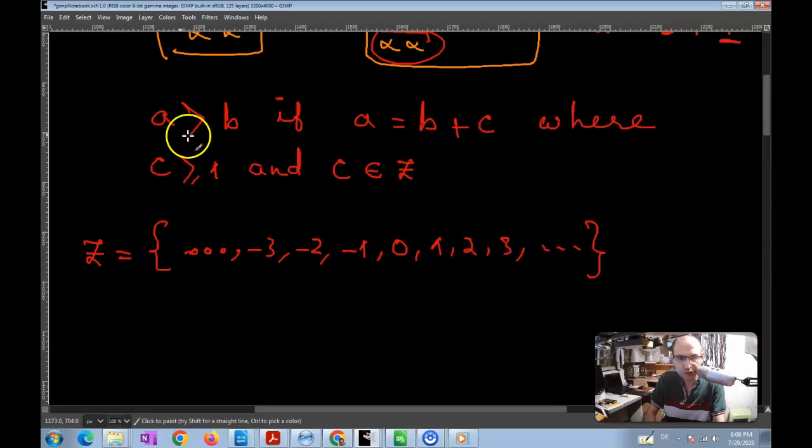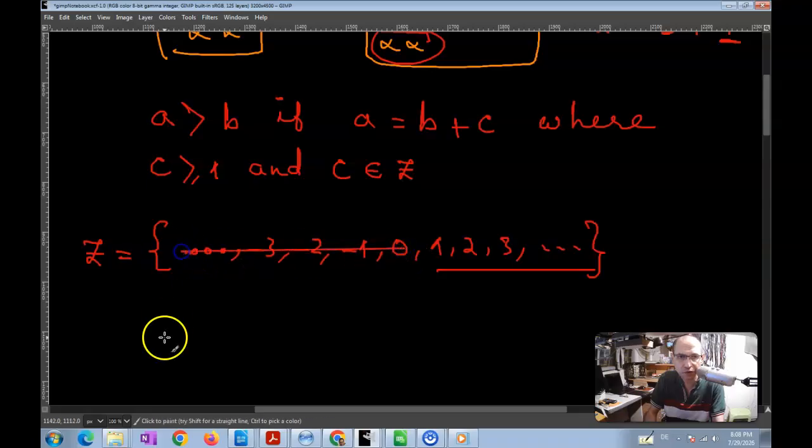Now, of course, over here we are saying that C is greater than or equal to 1, which means that we are talking only about this portion over here, meaning that C is not supposed to be a negative number, or 0.